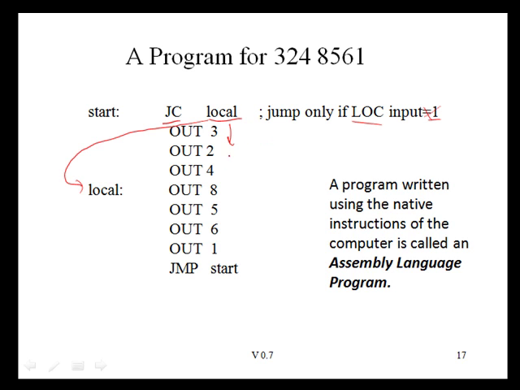The DOut assignments are replaced by out instructions, in which out 2 says to output the digit 2 on the DOut output bus. Our goTo statement is replaced by a jump unconditional. The operand of the jump statement is a label that indicates where we're going to unconditionally jump to. A program that is written using the native instructions of the computer is called an assembly language program.